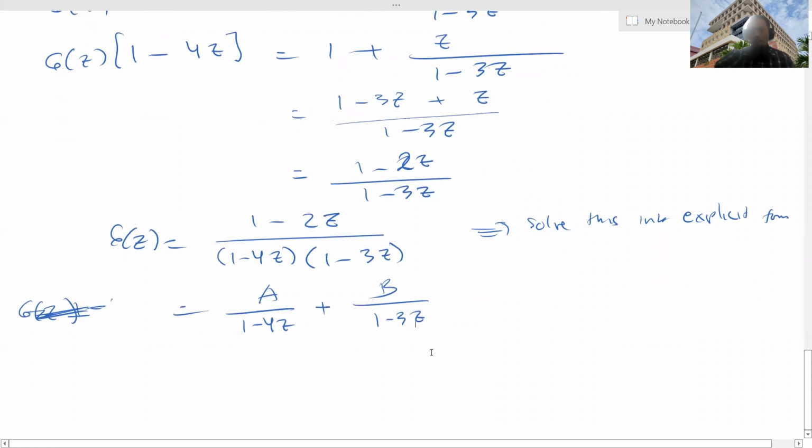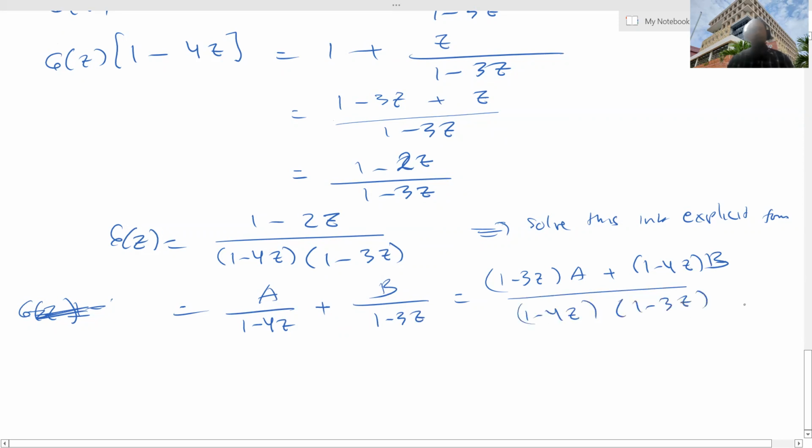Now remember, this part is equal to 1 minus 3z times a plus 1 minus 4z times b over 1 minus 4z times 1 minus 3z. Now this means that 1 minus 2z is equal to 1 minus 3z times a plus 1 minus 4z times b.